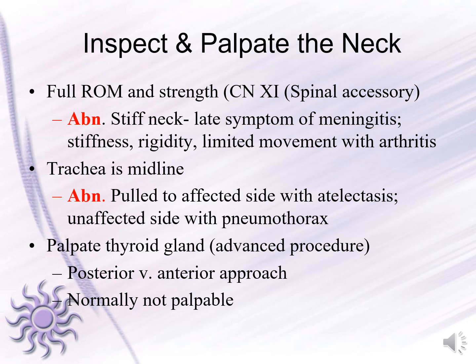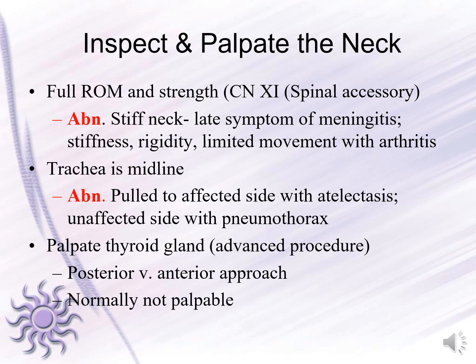Any stiff neck or poor flexion of the neck can be seen with meningitis. And if there's discomfort with the limited range of motion, it's also related to arthritis. So we would have to do some other differentiating diagnostic tests.